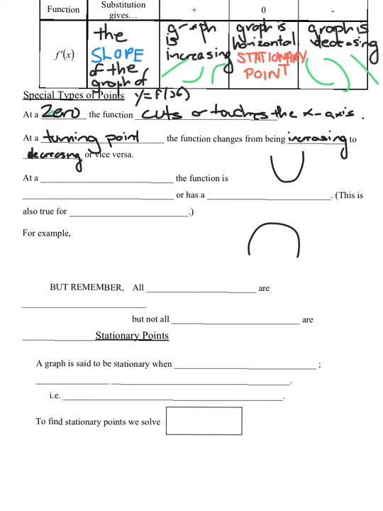At a stationary point, and this is all a little bit technical at the start, but anyway, at a stationary point, the function, as we said above, is momentarily horizontal, or it has a horizontal tangent. Now, they're not necessarily the same thing. And this is also true for turning points.